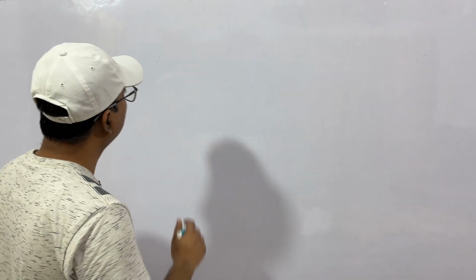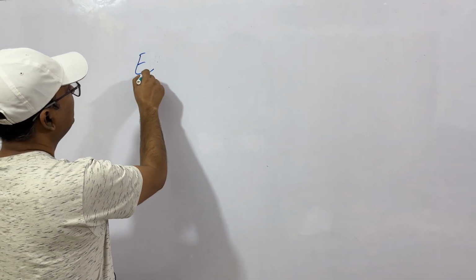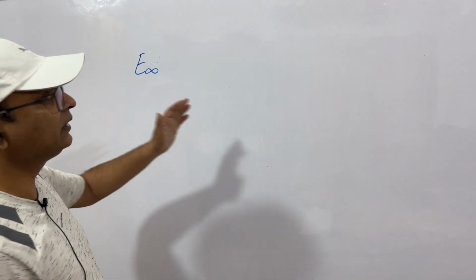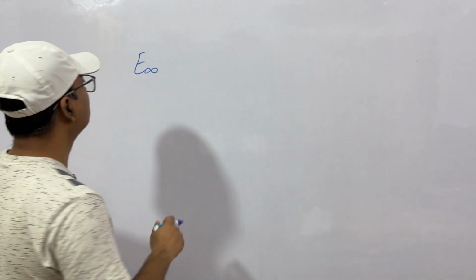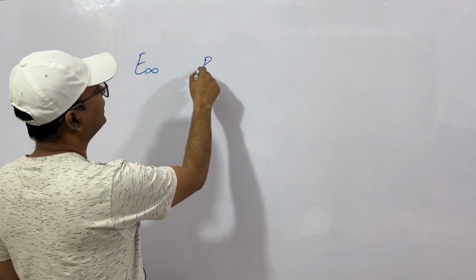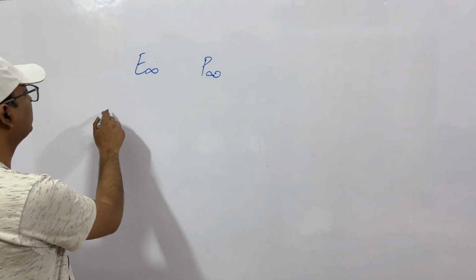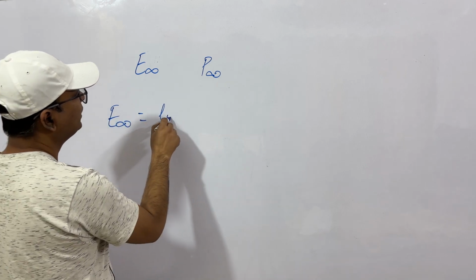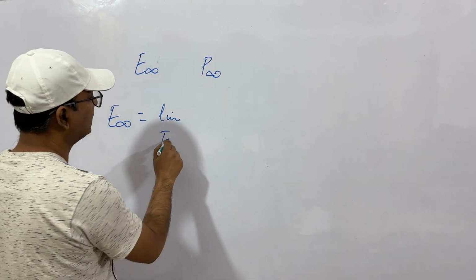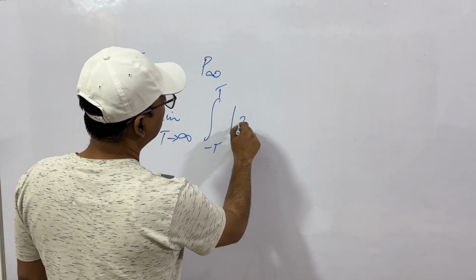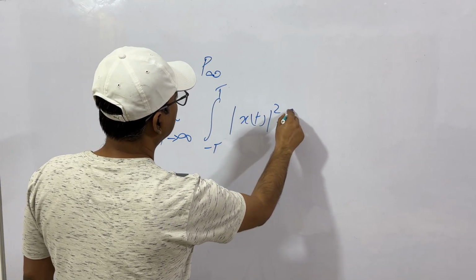We have seen how to find the value of E infinity, that is the energy of the total signal from minus infinity to infinity, and P infinity, the power. What was the expression? In continuous time signals, it was the limit of the integral from minus T to T of mod x(t) square dt.